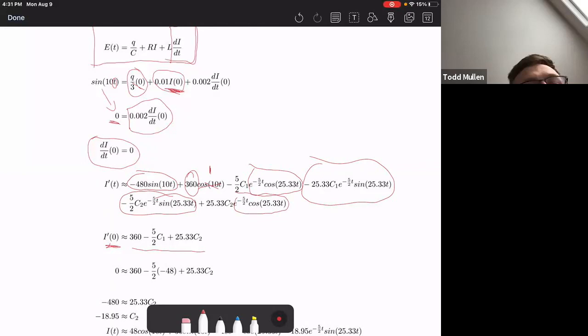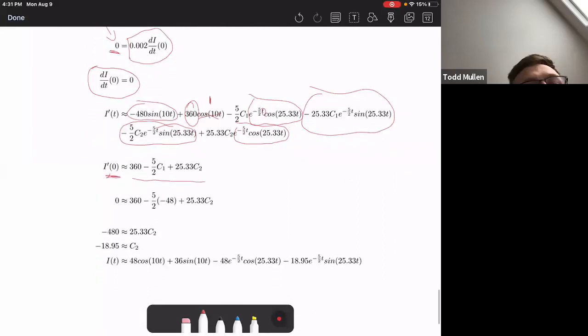That's because these e to the power of zeros also become 1. Now we know C1 is already equal to negative 48, so we can substitute that. We get that 25.33 C2 is equal to negative 480, and that gives us that roughly negative 18.95 is C2.